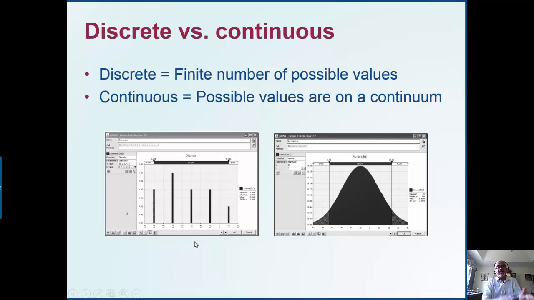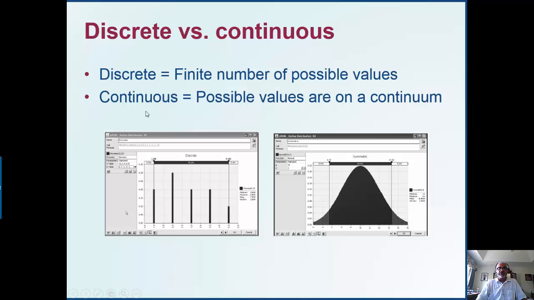So that is a discrete probability distribution, with a finite number of possible values. As opposed to that, a continuous distribution is one in which there is a minimum value and a maximum value and any value in between, not some specific ones, but within a range, any value on the continuum is a possible value.